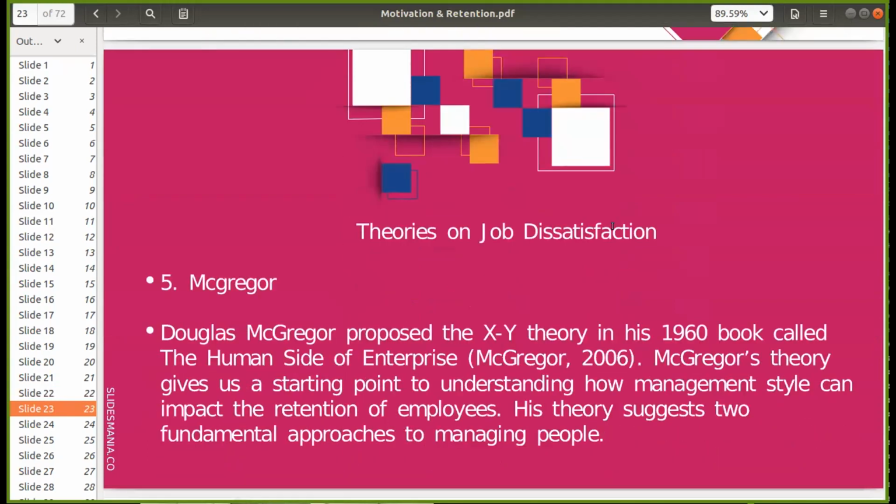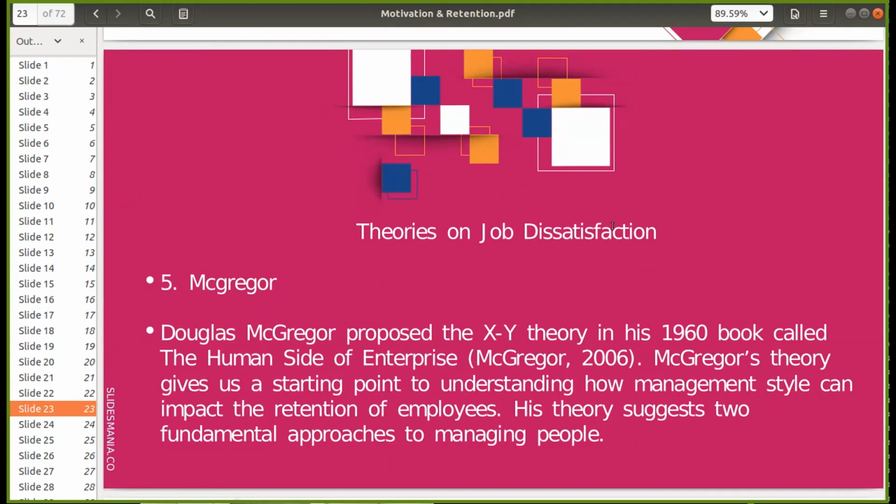So we also have the theory of MacGregor, the X and Y theory. So he proposed this theory in his 1960 book called The Human Side of Enterprise. So according to his theory, it understands how management styles can impact the retention of employees.